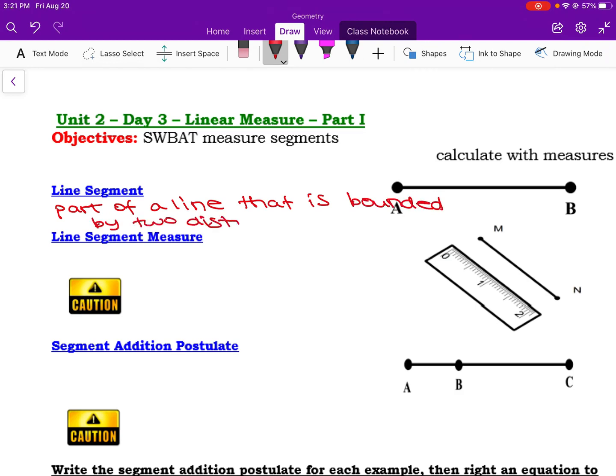So notice that this is not a full line. A full line is infinitely long. A line segment is as if we're cutting it off or truncating it, and it will have endpoints such as A and B that cut it off.